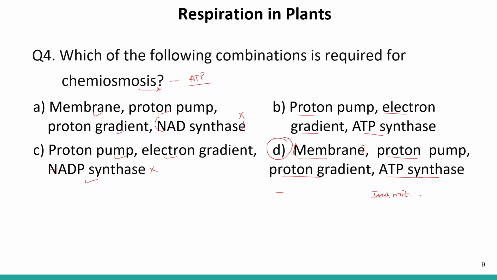Okay, they are present in the inner mitochondrial membrane. And as the electrons flow downhill from one complex to another, a proton gradient is created with the help of the proton pump.